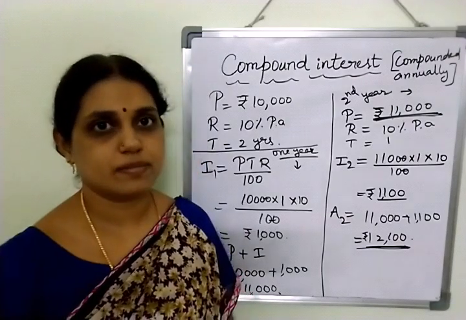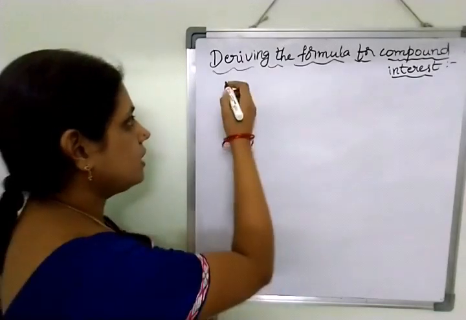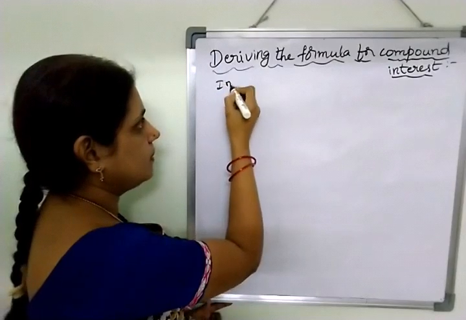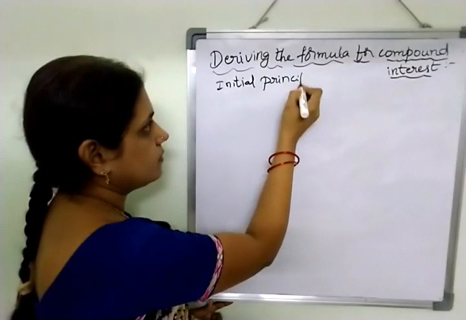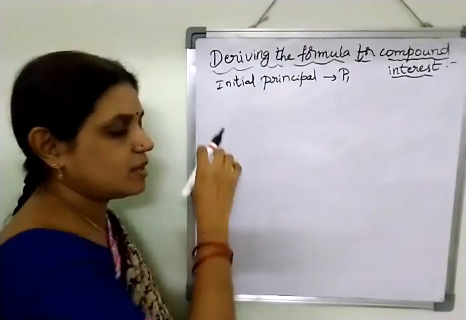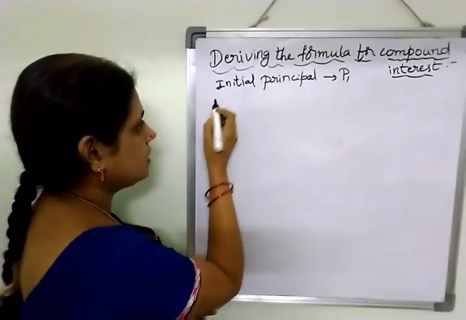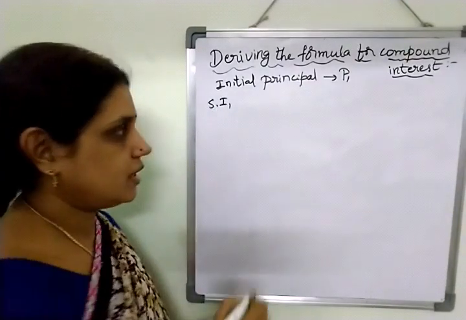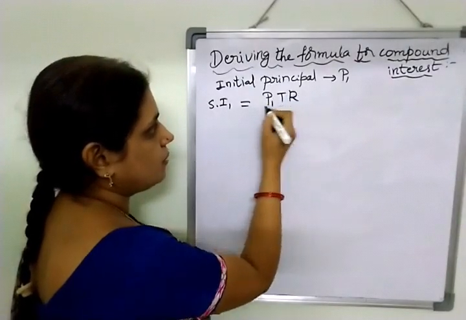Now we derive the formula to calculate compound interest. Here if you take the initial principal as P1, initial principal, if it is P1 and for the first year, the simple interest, I1 we are taking like that, then it will be P1 T R by 100.